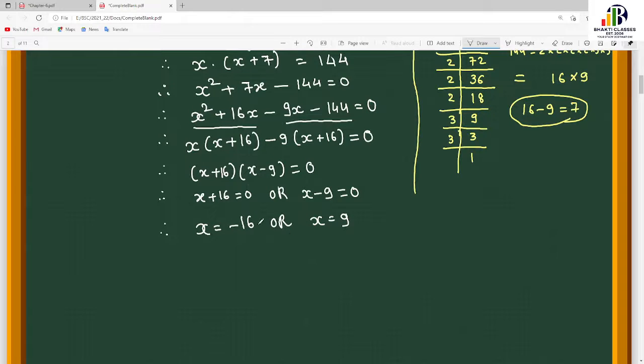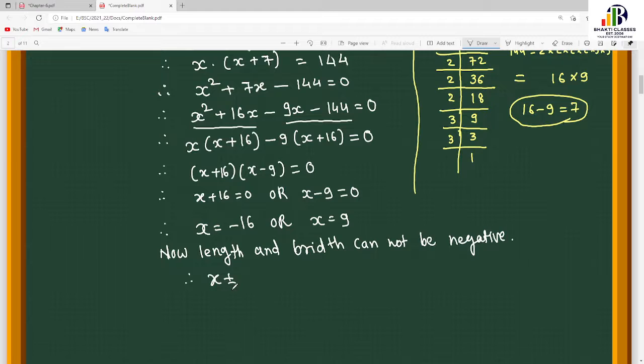Now length and breadth cannot be negative. So x is not equal to minus 16.